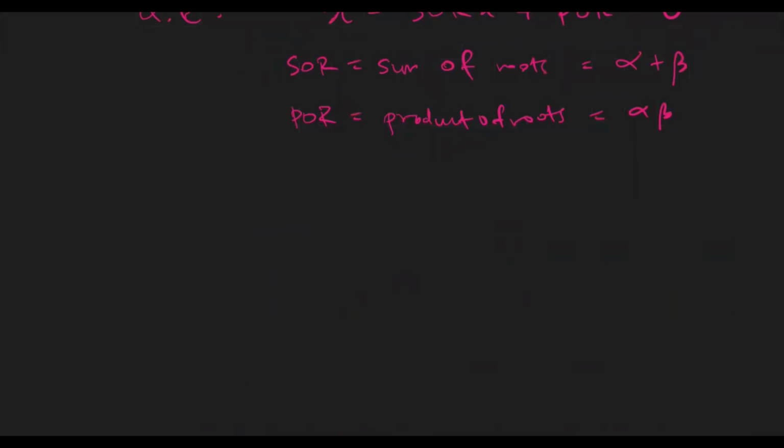So assuming now we have a question here and we would like to create a quadratic equation with roots given as 3 and 5. It doesn't matter which one we take as the alpha. We can take the alpha as 3, and we can take the beta as 5. So your sum of roots here will be 3 plus 5 and equals 8.